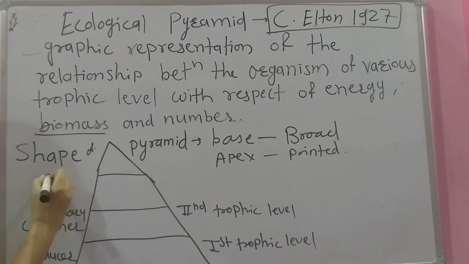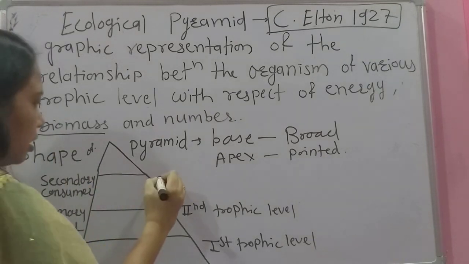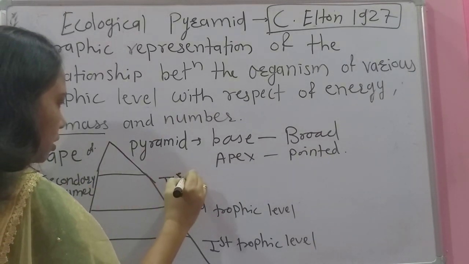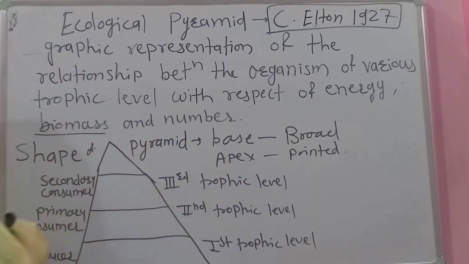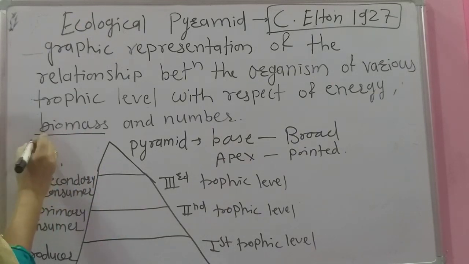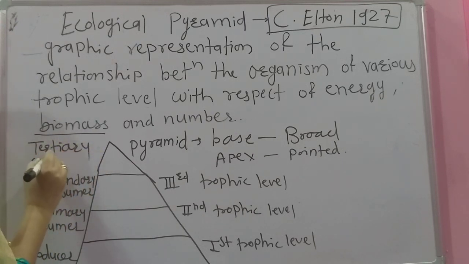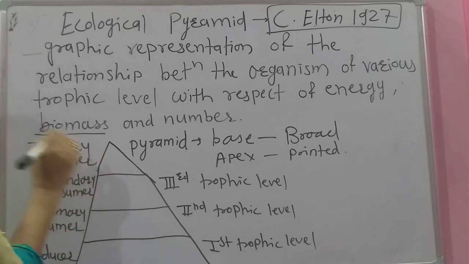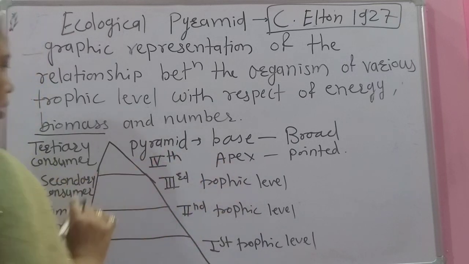Then third is the secondary consumer. It is the third trophic level. And the last one is the tertiary consumer, the fourth trophic level.